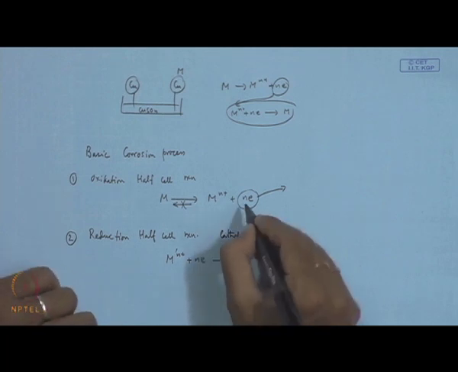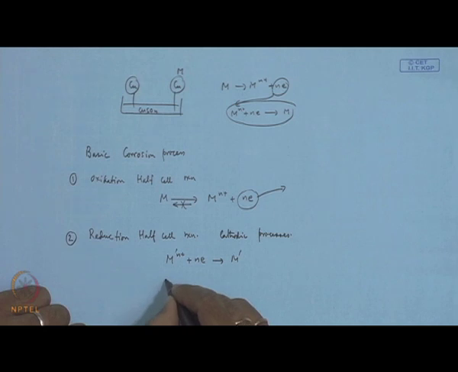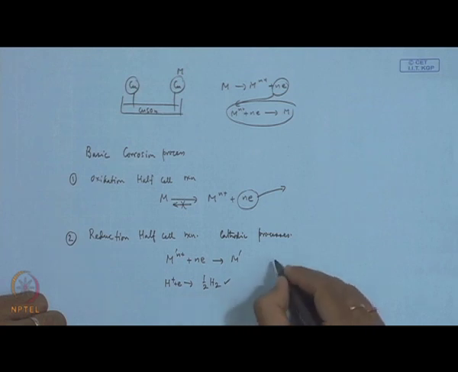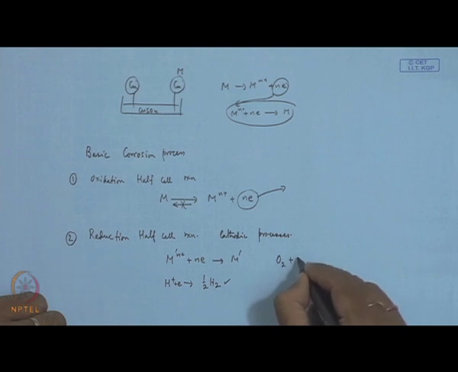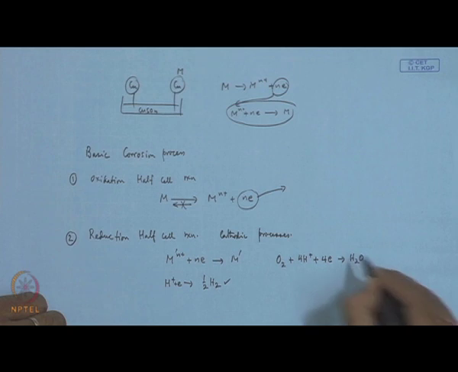Another process could be if these electrons are used up in another reaction, like converting H plus proton, plus electron, to half H2. This could be one reaction. Another possibility is O2 in presence of H plus, 4H plus and 4 electrons giving rise to 2H2O.